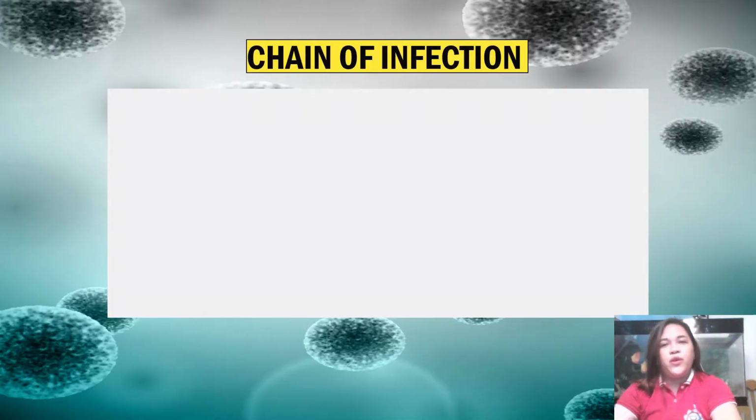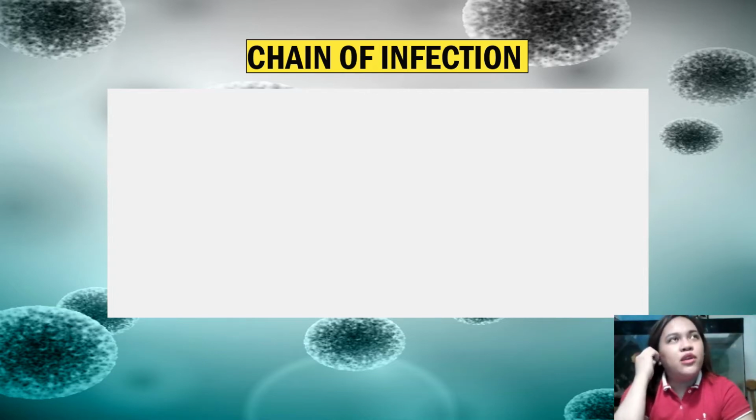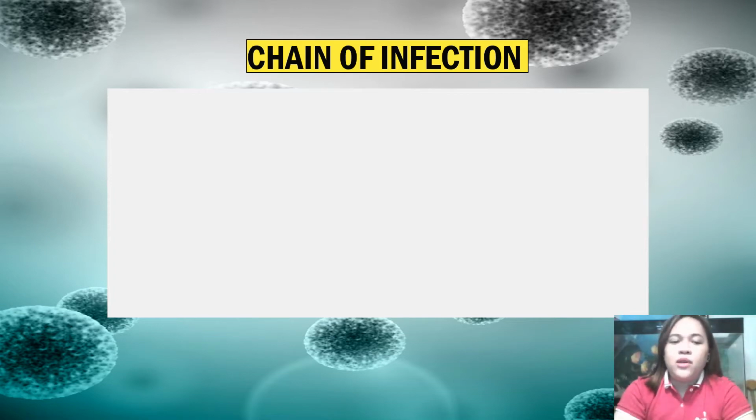Okay, before we go to the next term to discuss, let me give you an important explanation about pathogens and microorganisms. As we defined from the last term, a pathogen is a microorganism that causes infection after it releases toxins in your body.